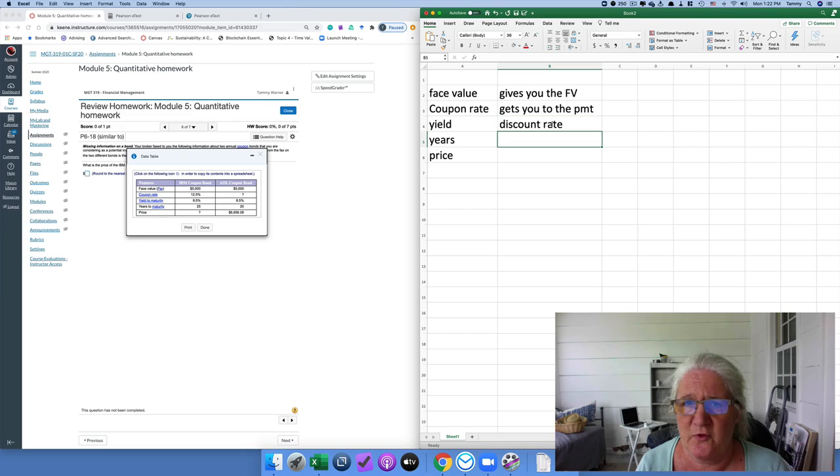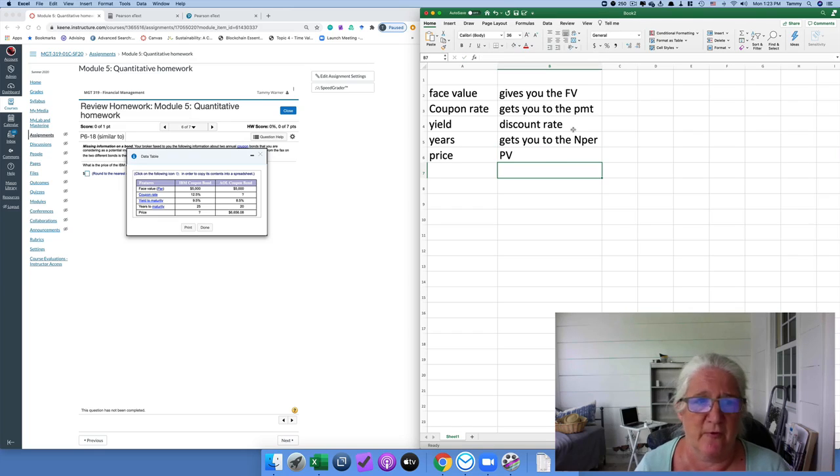The years gets you to the number of periods. But we don't know whether it's a semi-annual or an annual bond, so you need to be deliberate about that, along with the various other rates. And then the price is the present value, okay?